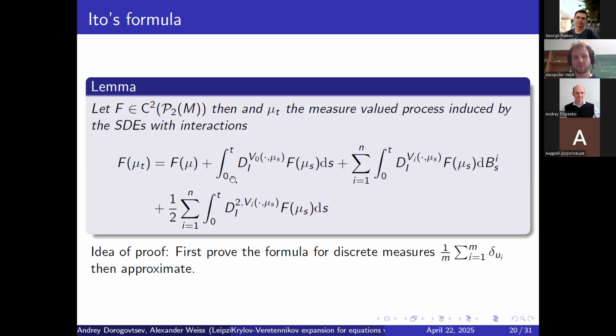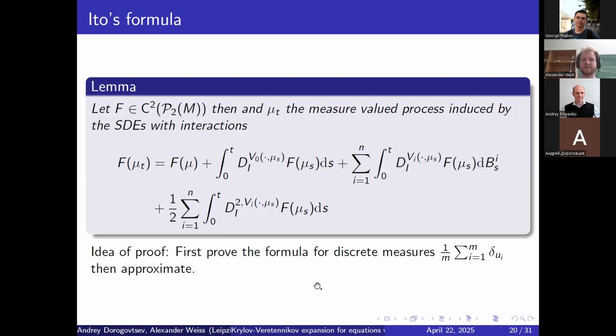Then we have the martingale part and the part which comes from the Ito correction, which is very conveniently just the second order intrinsic derivative of f in the direction of the vi, and the sum of them.